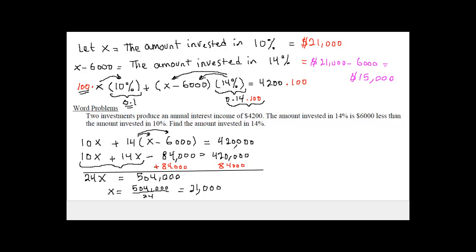Since everything is here in terms of how much you invest in the 10% account, you let x equal to the amount invested in 10% account, and then here it says the amount invested in 14% would be 6,000 less than that, so it would be x minus 6,000. And then from here we set up the equation and we solve for x. And here we decided to eliminate the decimal by multiplying each term by 100, and we solve for x.